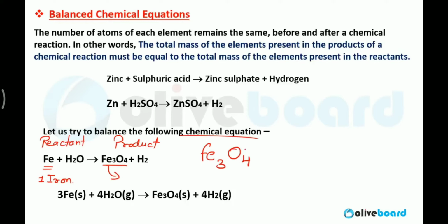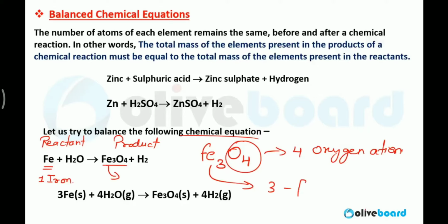What is the meaning of that? That there are 4 oxygen atoms, and Fe3 means there are 3 iron atoms. This is the meaning of these symbols: the lower script 3 on Fe or 4 on O means there are 3 iron atoms and 4 oxygen atoms.